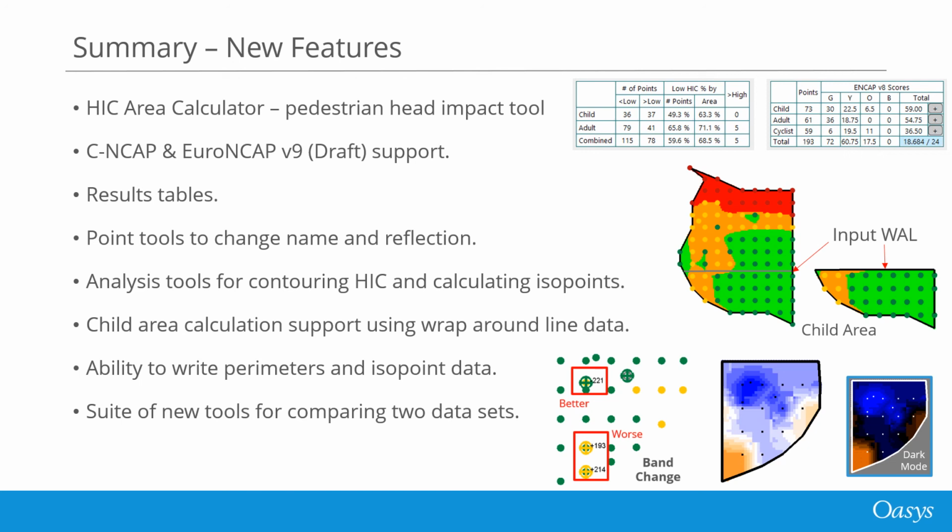We now support wraparound lines for calculating child areas. There's added functionality for writing perimeter and ISO point data out as text files. And we've added a whole suite of new tools for comparing two sets of data. Those comparisons include the HIC delta values, band changes, and contouring the delta values.